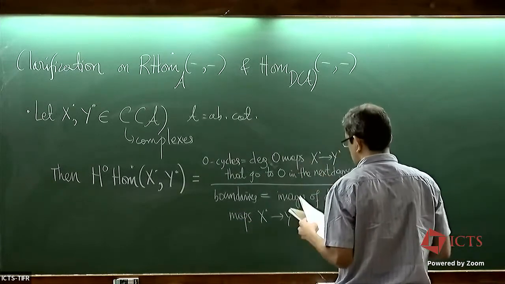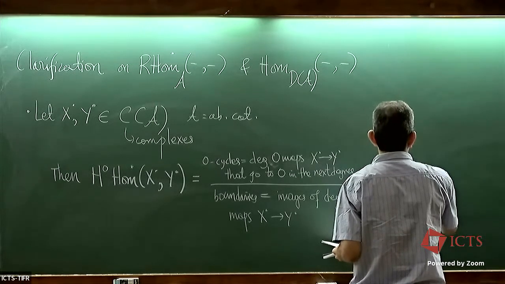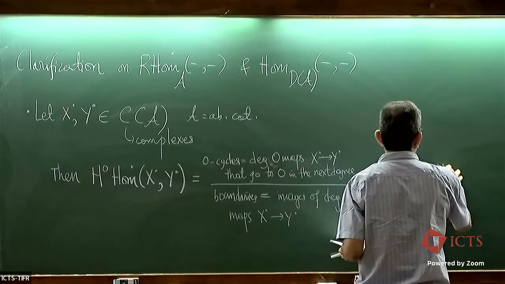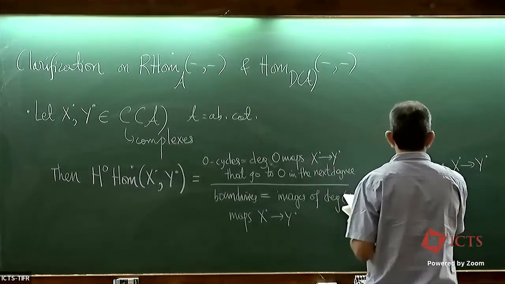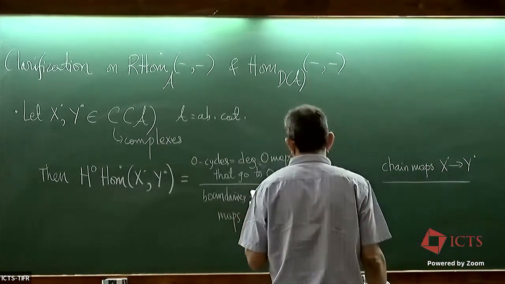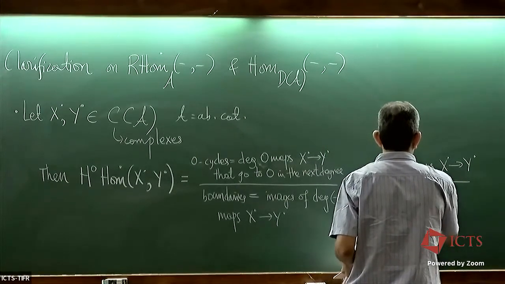But if you follow through on the signs, then this side will be chain maps x dot to y dot, and this side will be maps x to y that are homotopic to 0.